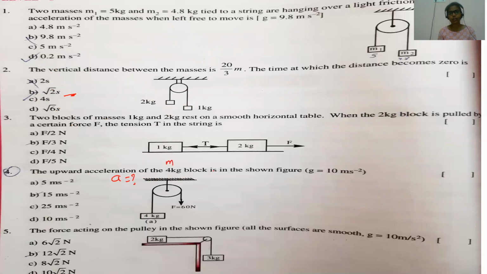Mass is given, a 4 kg block is shown in the figure like this. See, this block is there, a 4 kg block of mass m1. They are pulling this block upward with some tension. Why is this tension coming? Because of the force. Since it is the same rope, whatever force we are applying must be equal to the tension force, children.